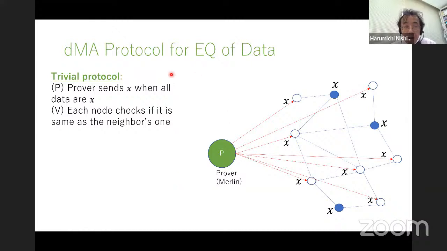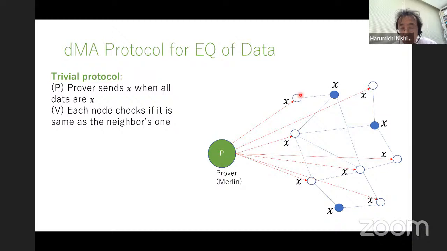Now I introduce the DMA protocol for our problem, equality of data. It has a trivial protocol. First, the prover sends X when all data are X. In the initial state, this terminal has only data and this white node does not have any information.